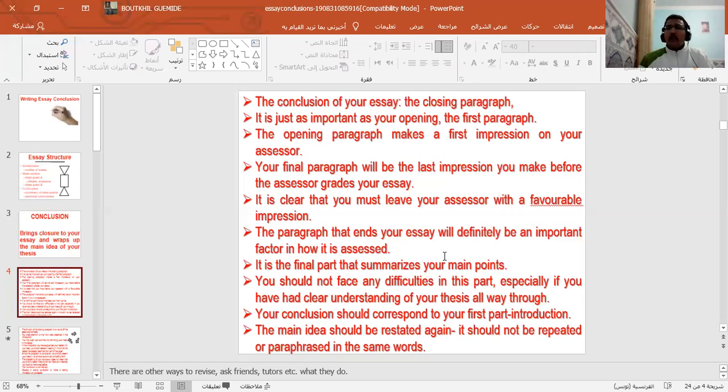In the concluding paragraph, the conclusion should correspond in that you're going to summarize the main points discussed in the body paragraphs, and you're going to restate your thesis statement again. Restating the thesis statement doesn't mean rewriting it again. No, you restate it, but in other words. Okay.